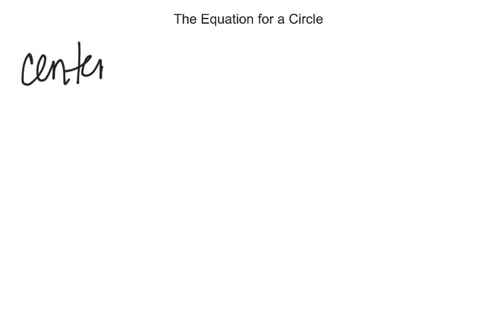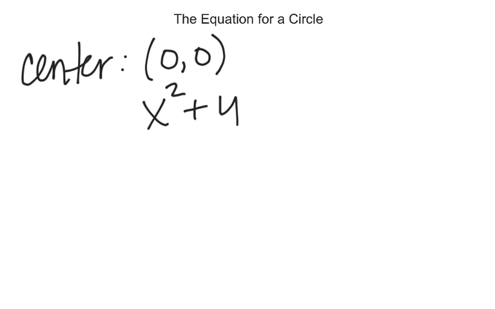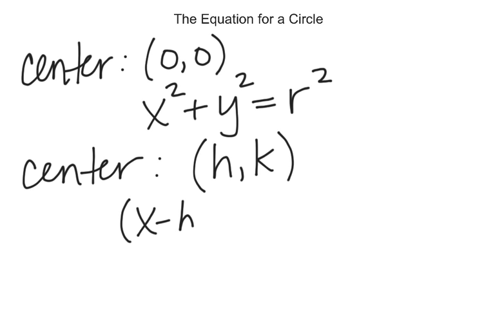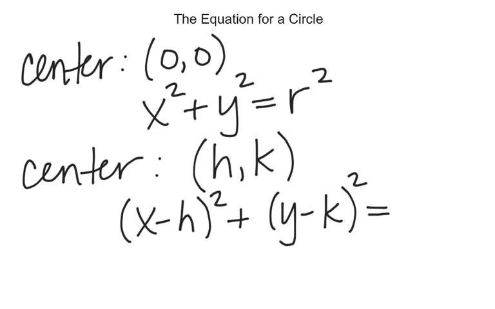The center at 0, 0 yields the equation x squared plus y squared equals the radius squared. It's just the Pythagorean theorem. And then if you shift the circle to a different center, call that center hk, then your equation is x minus h, the quantity squared, plus y minus k, the quantity squared, is equal to your radius squared.